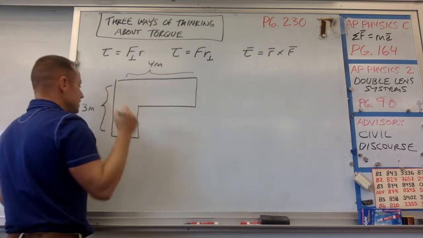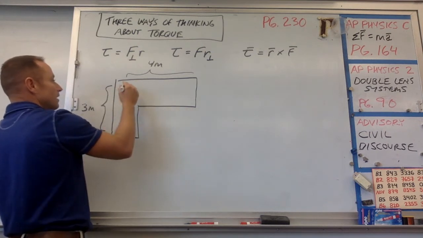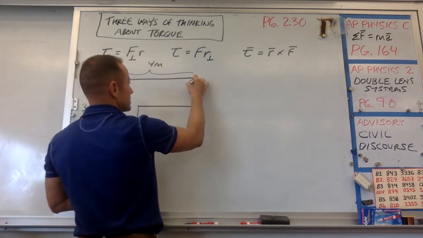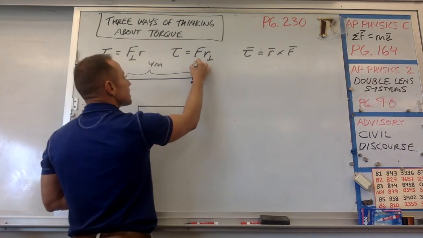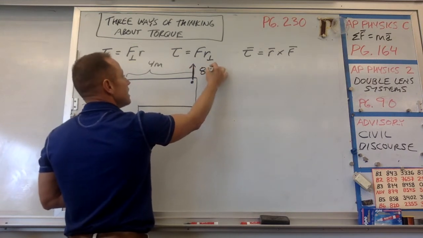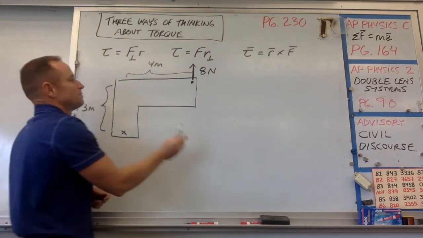And then what's going to happen is we're going to apply, right at this place, a force that's 8 newtons. So here's an 8 Newton force that's pushing this way.